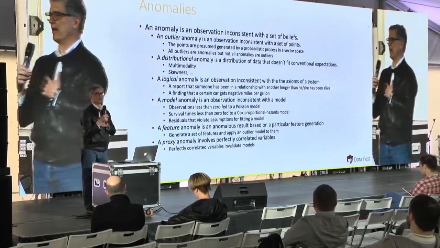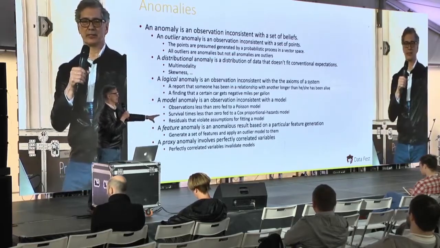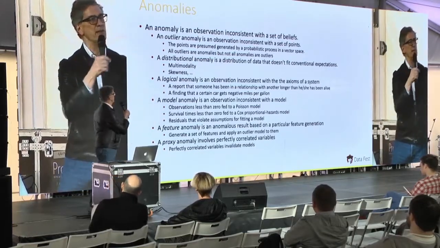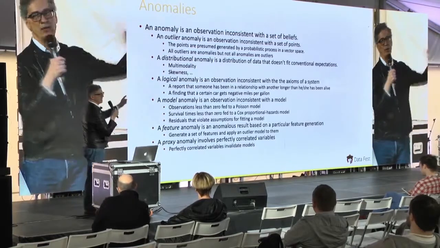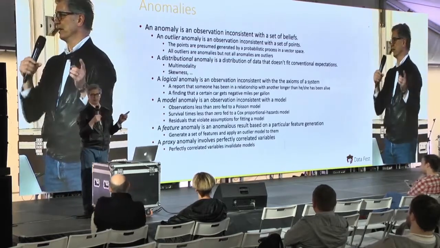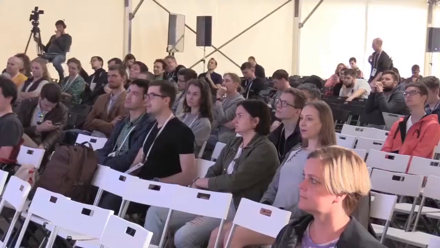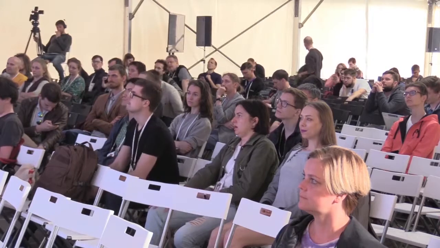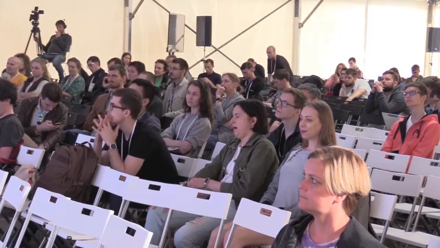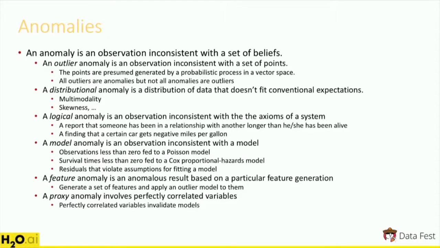So if I have a set of beliefs and I suddenly encounter a surprise, that's an anomaly. Now, outliers are a very special kind of anomaly. They only apply to a limited set of data, and that is they are generated by a probabilistic process in a vector space. All outliers are anomalies, but not all anomalies are outliers.